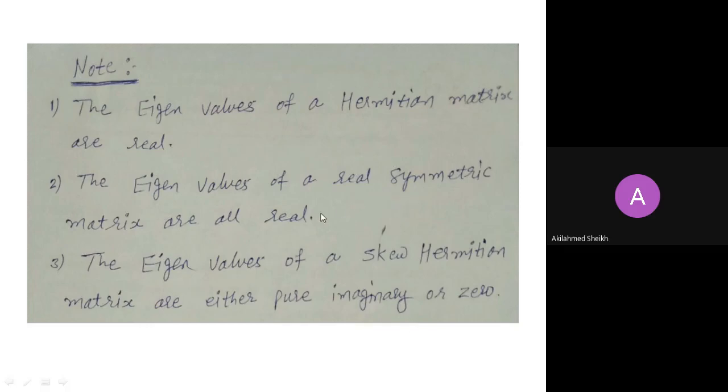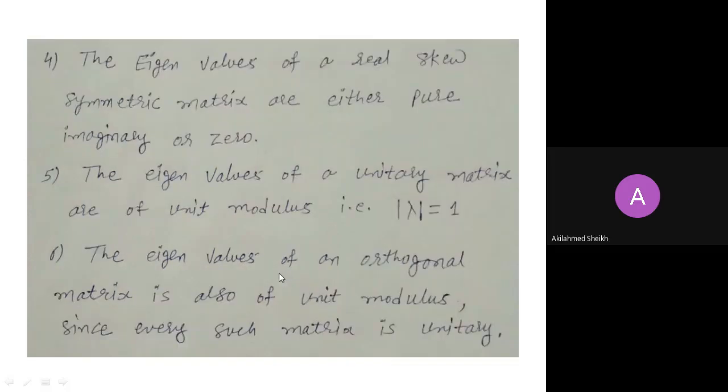Remember here, eigenvalues for Hermitian as well as real symmetric matrix are real. The eigenvalues of a skew symmetric matrix are either purely imaginary or zero. Means points number 1 and 2 and 3 and 4 are same.